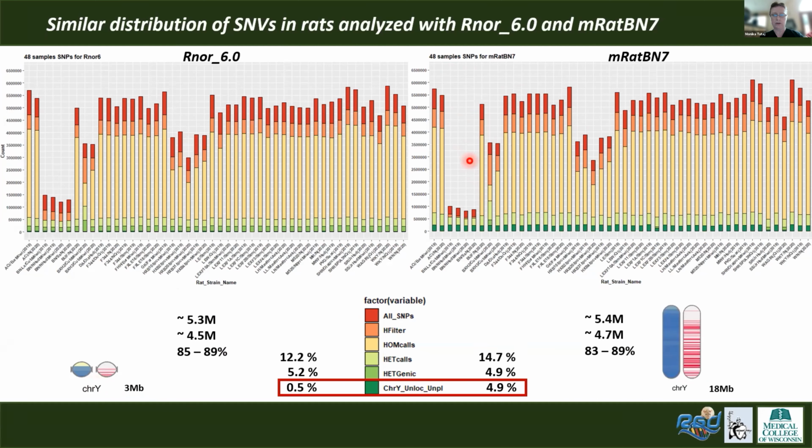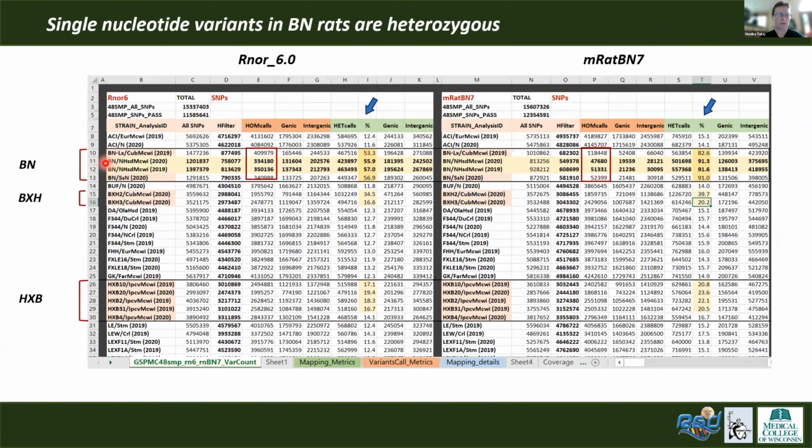Just look at these Brown Norway strains, and the numbers I'm showing here in the table. What is interesting is that these 2 strains are, as I mentioned before, from 2 different data sets, 2019 and 2020. So these are the same strain, but sampled twice.